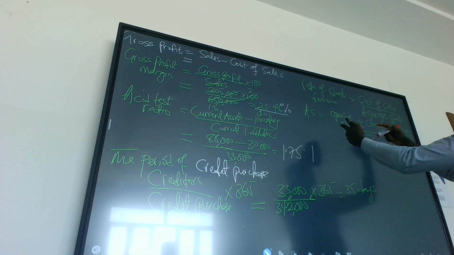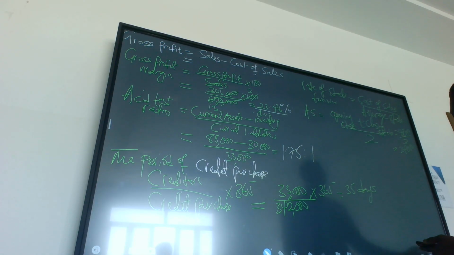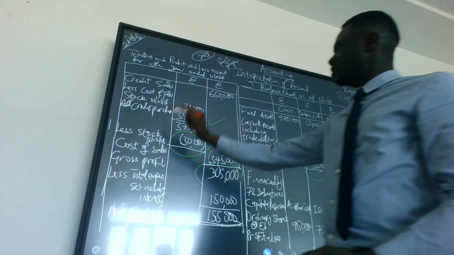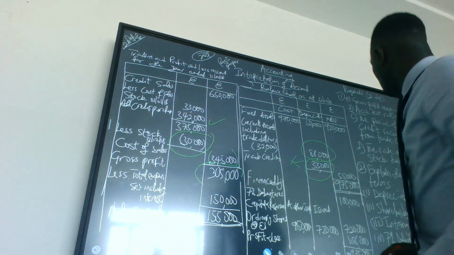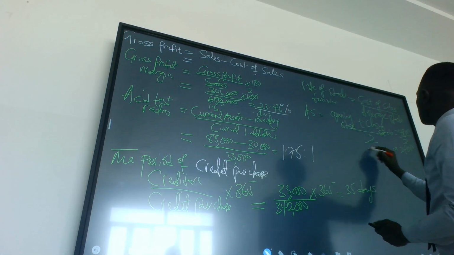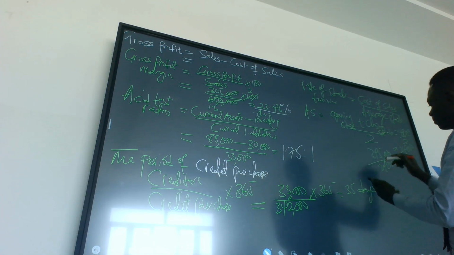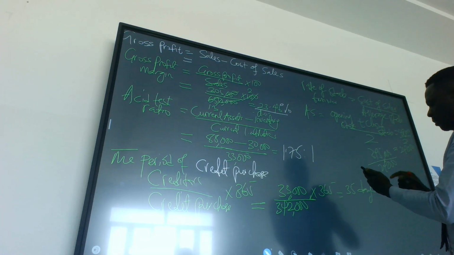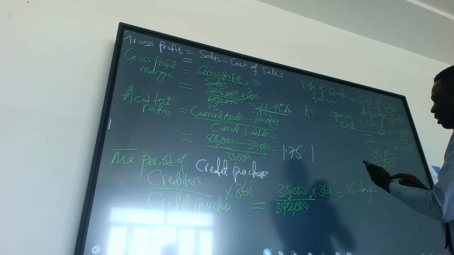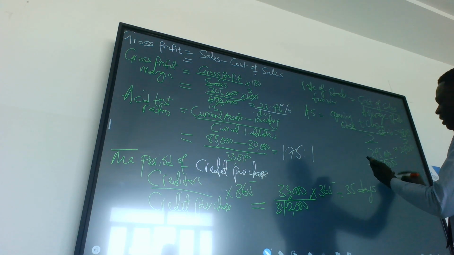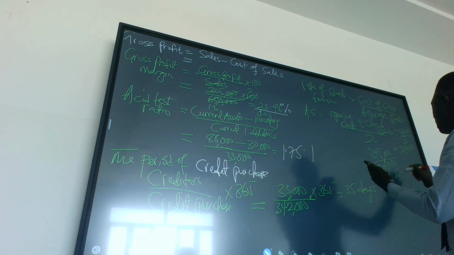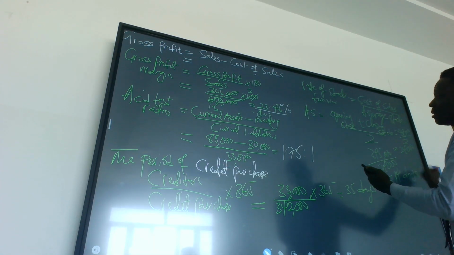So our average stock is 24,000. Then our cost of sales is 345,000. So we have 345,000 divided by 24,000. So that's 14.4 days. That's 14 days.